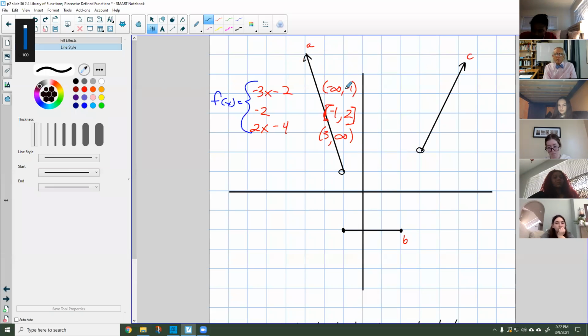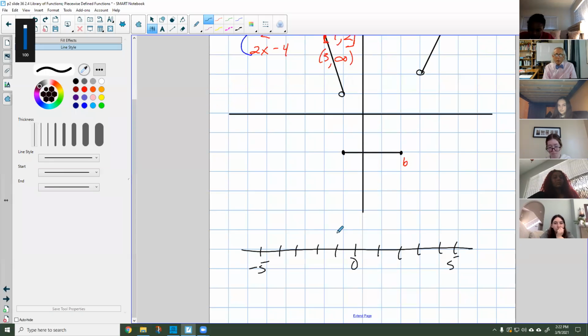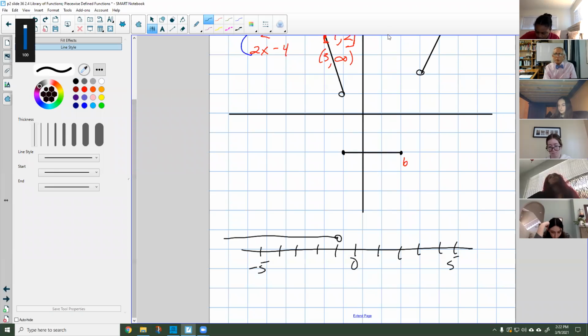My first piece says negative infinity to negative 1. And then my second piece was negative 1 to 2. Yes, and I will explain that. Give me 1 second.